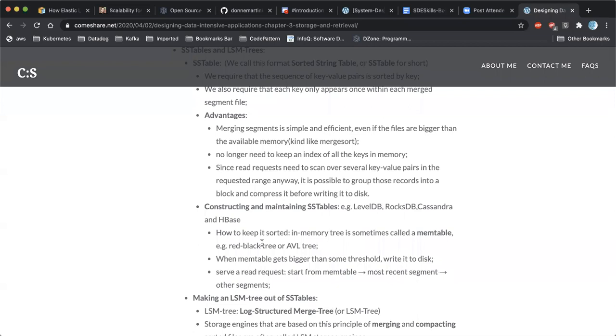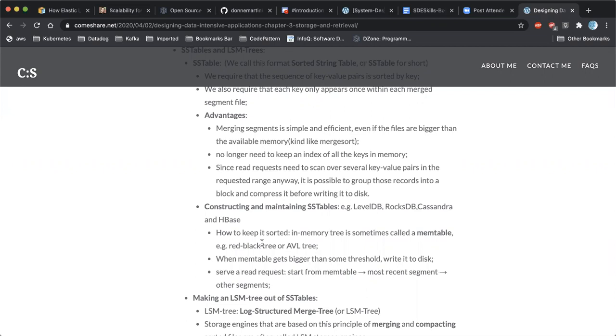If it goes beyond the limit, you flush it to the sorted string table format and write it to the disk. But when it hasn't reached that limit and the system crashes, what happens to the data that has accumulated in that time period?